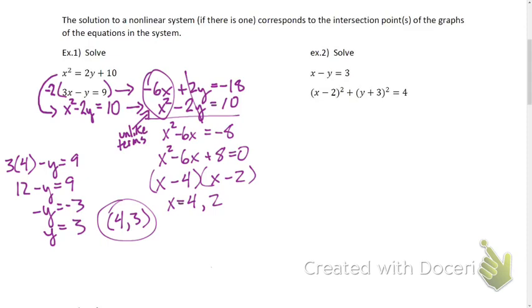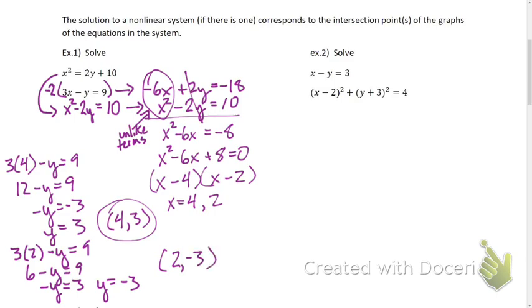Plug in the 2. And we get negative 3. So that answer is 2, negative 3.